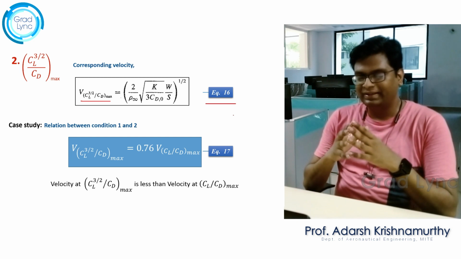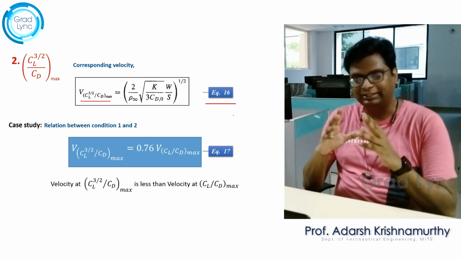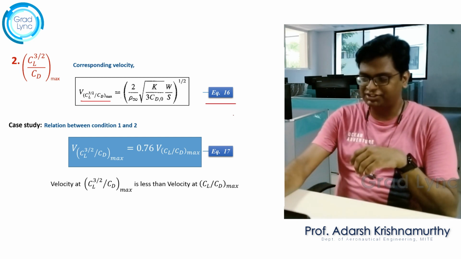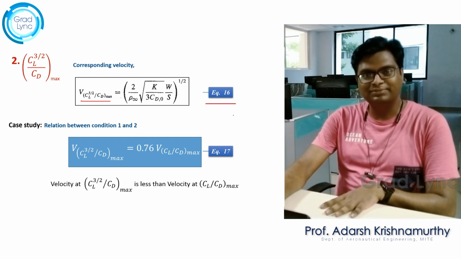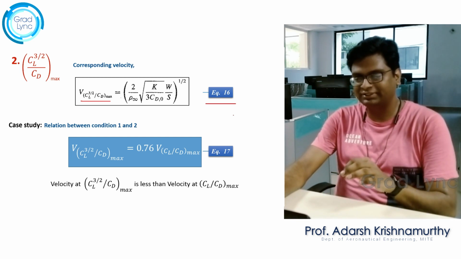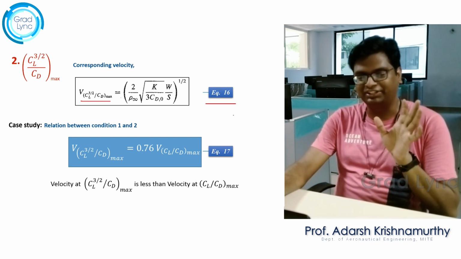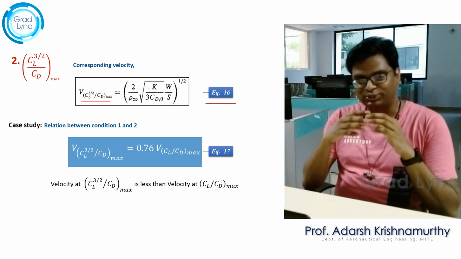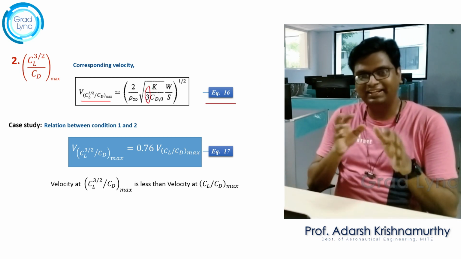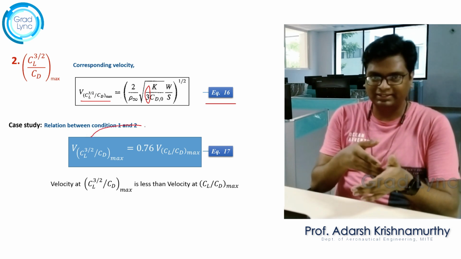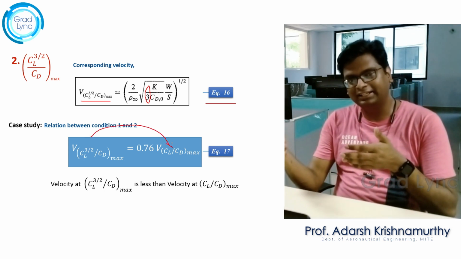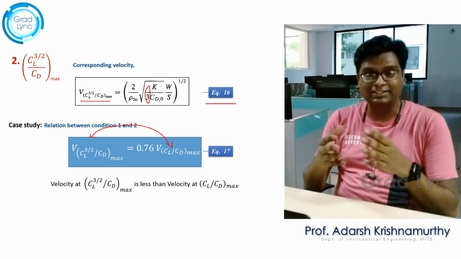Clear? Now once I get this velocity, observe equation number 16 and equation number 13. Most of the terms are similar except under root of 1 by 3. So can I get the relationship between velocity at CL power 3 by 2 by CD max and velocity at CL by CD max? Yes, it is possible.